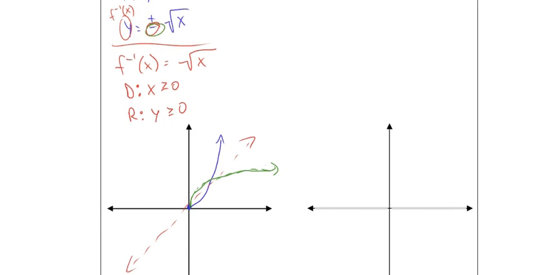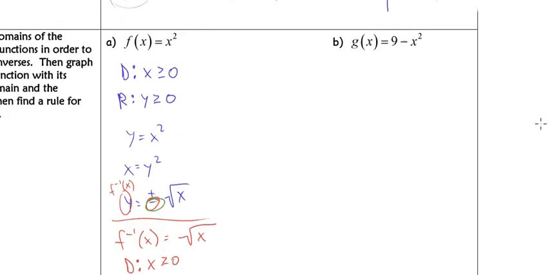All right, and the second one here, we've got g of x is 9 minus x squared, and so our domain, if we think of this as a parabola that's opening downward, it's got a vertex at 0, 9. Same type of problem here.